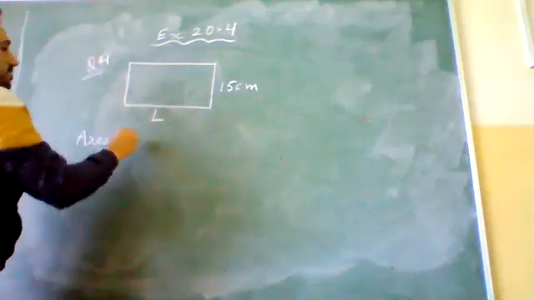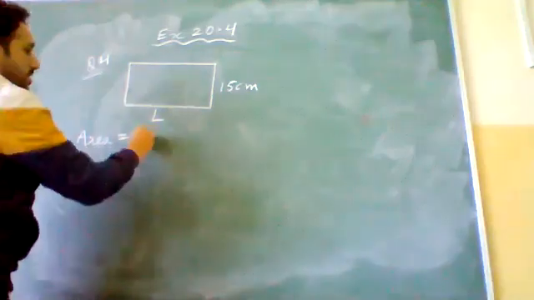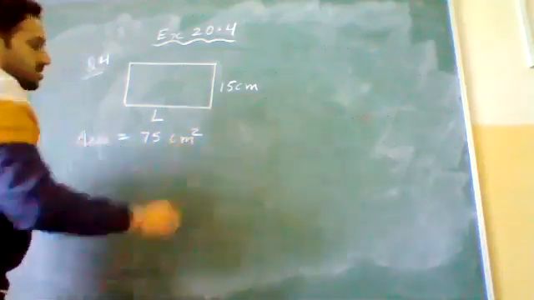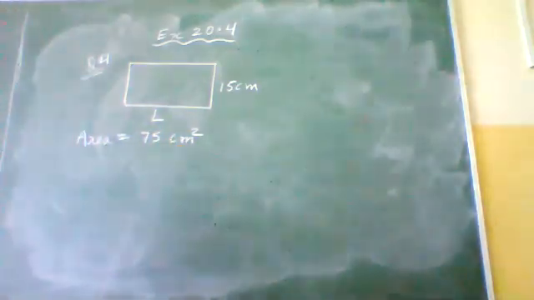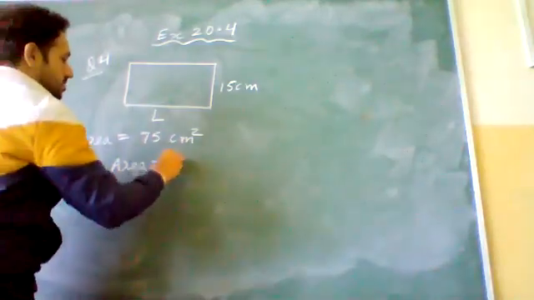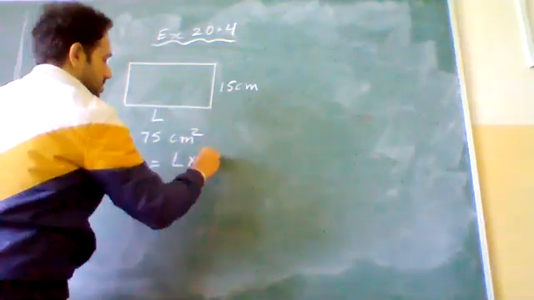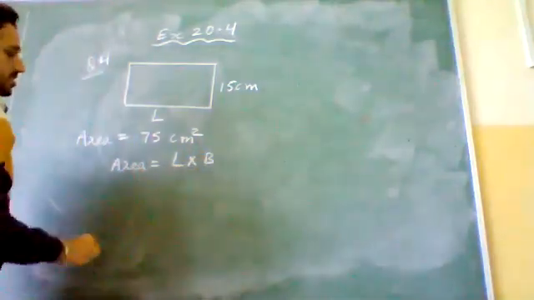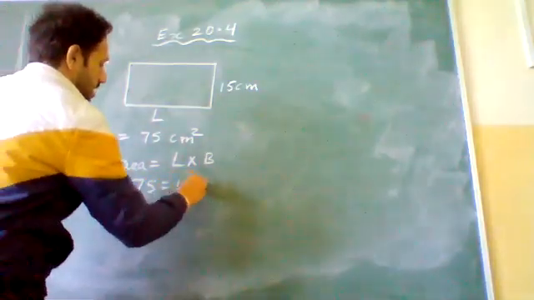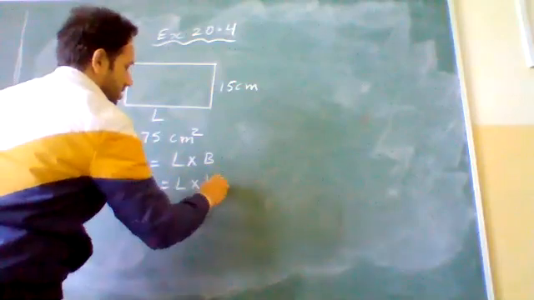Tell me the area of the scarf which is given. How much? 75 centimeters square. This is the area which is given. Now, write the formula of area. Area is equal to length into breadth. So put the values: 75 equals L into 15.